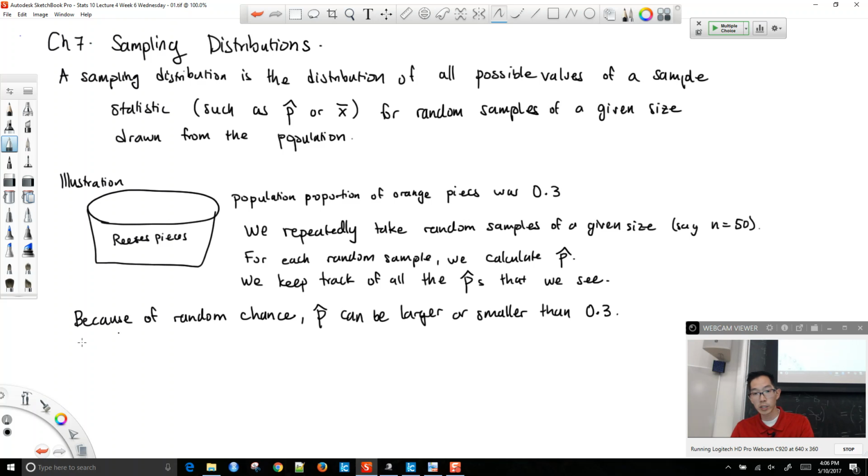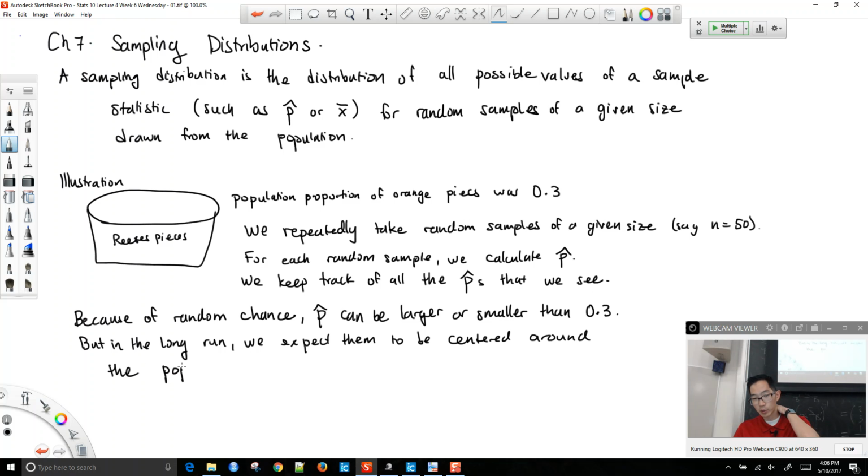But in the long run, we expect them to be centered around the population proportion P, in this case, P equal to 0.3.